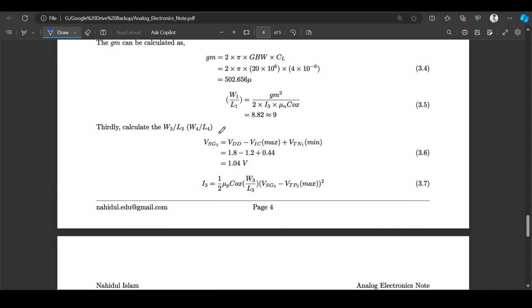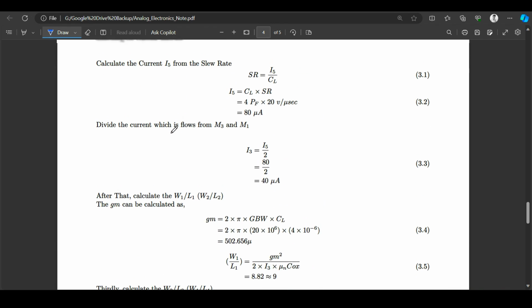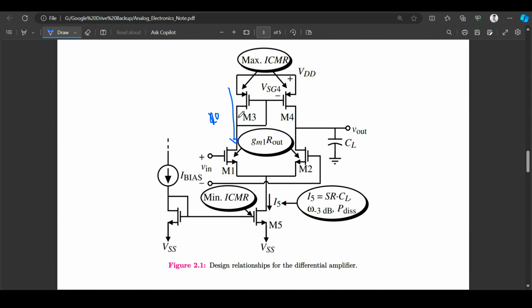After that, I have to calculate the W by L ratio for the MOS transistors 3 and 4, which means the PMOS M3 and M4.